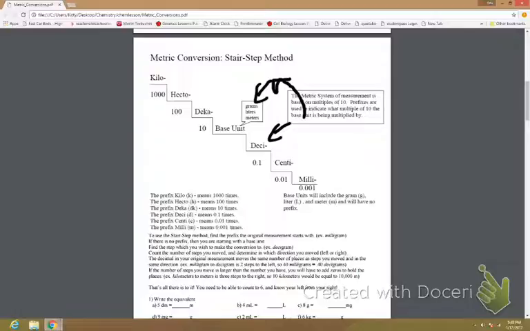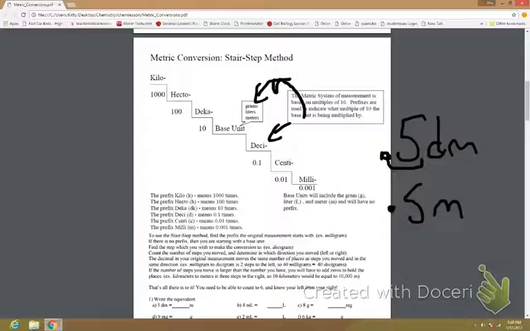So if I take my 5 decimeters and I want to convert that to meters, I move the decimal place 1. The answer is 5 decimeters is 0.5 meters.